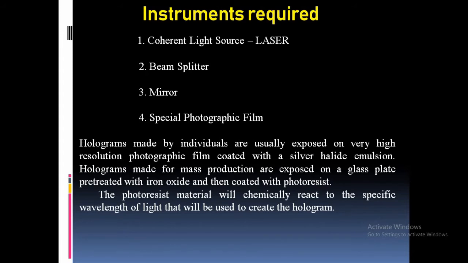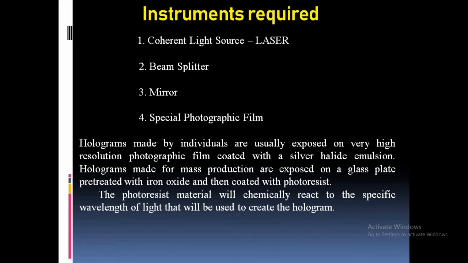The photoresist material will chemically react to the specific wavelength of light that will be used to create the hologram. There are two steps to produce a hologram. First one is the recording of a hologram, and the next one is the reconstruction of the hologram.